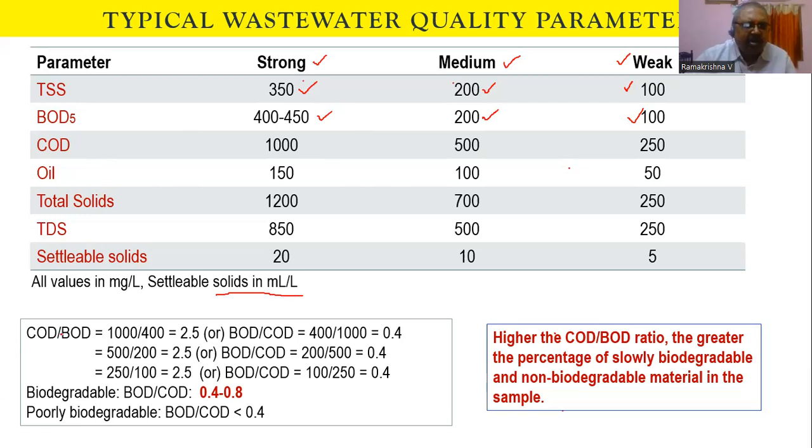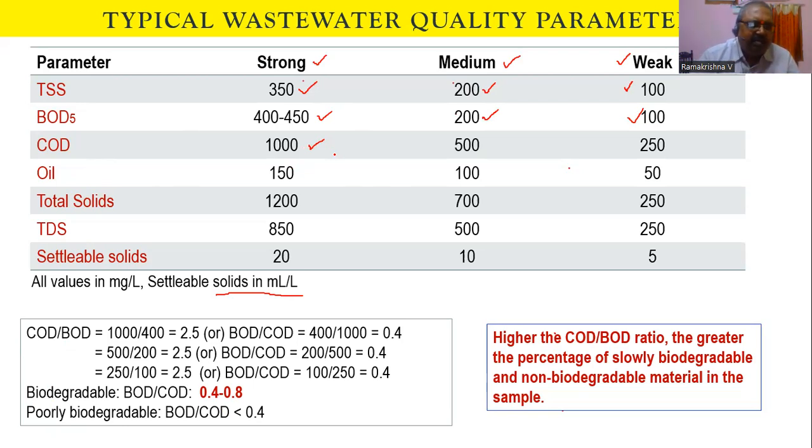The most important thing is that we have one more parameter called COD, which is discussed in another video. This is chemical oxygen demand. BOD is the biochemical oxygen demand. COD is the chemical oxygen demand. In BOD, the organic matter is utilized biologically. In chemical oxygen demand, the organic matter is utilized chemically.